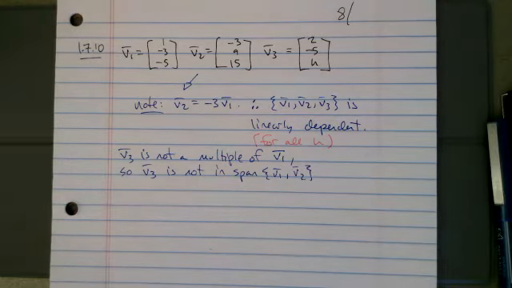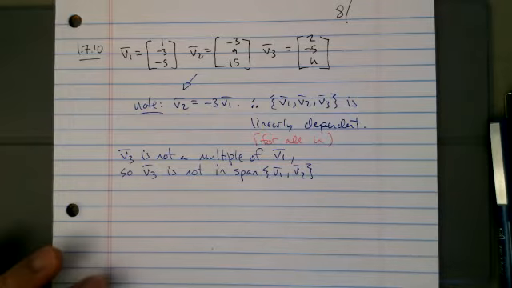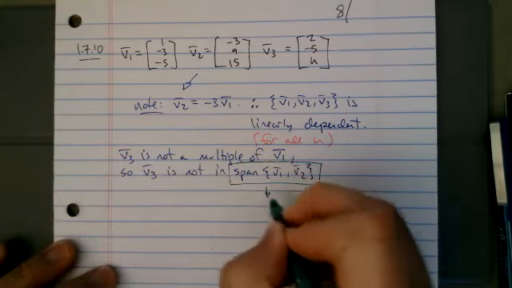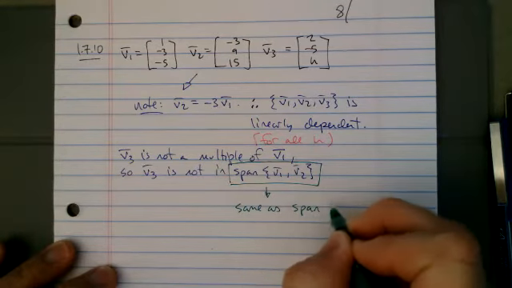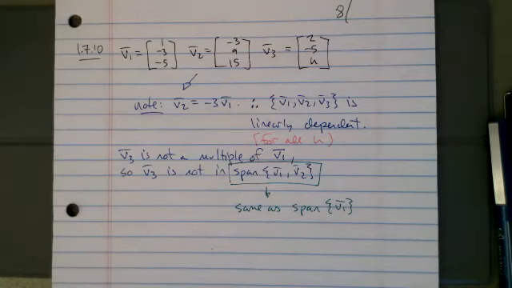Notice that since V2 is a multiple of V1, the span of V1 and V2 is the same as the span of just V1, because I don't need V2.